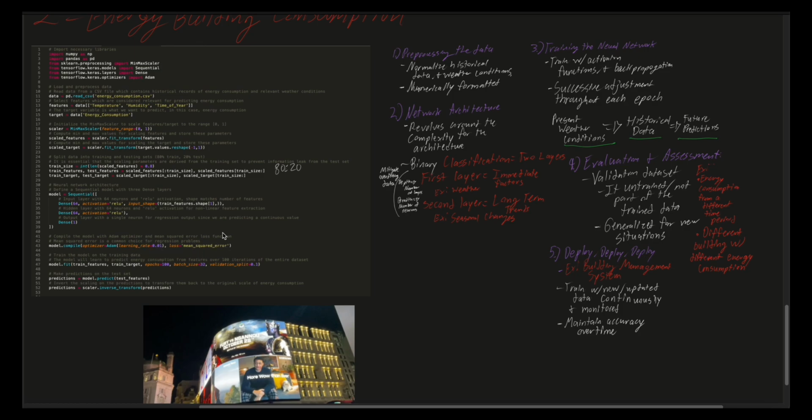Then, after we've built the architecture for our neural net, we train the model on the training data for 100 epochs with a batch size of 32, and we split the data set for validation as well. We then make predictions on the test set and invert the scaling on the predictions to transform back to the original scale. And then finally we get our output for energy consumption.